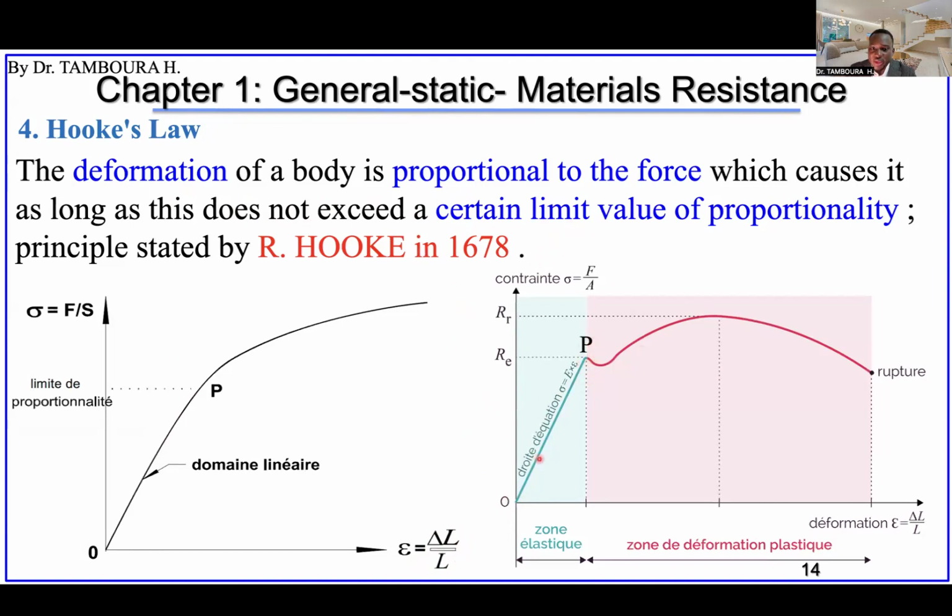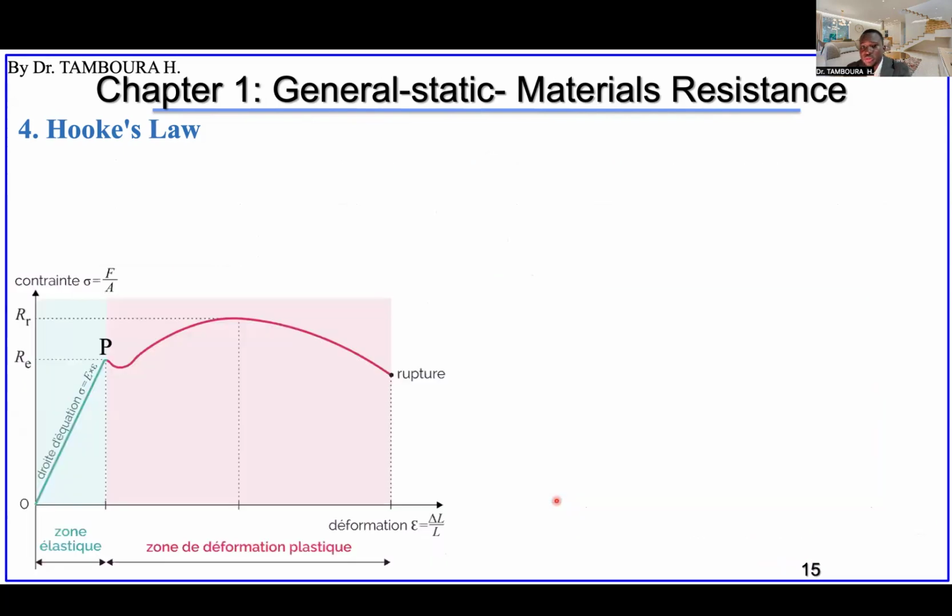Okay, so if we take the same figure we used before, this zone is the zone where we have proportionality between the stress and strain, stress and deformation. Okay, this limit zone.